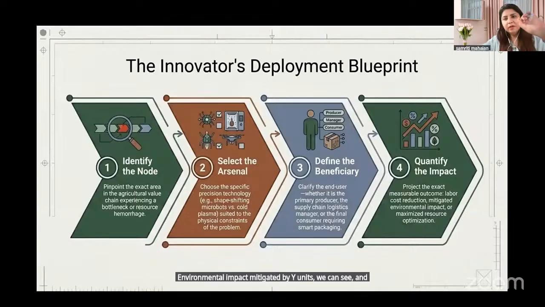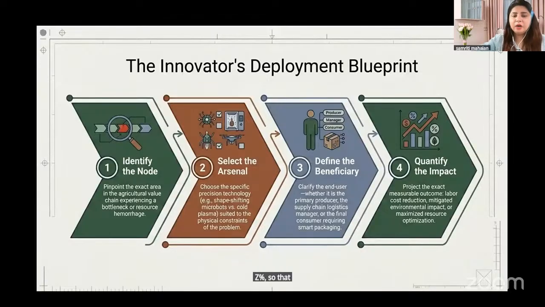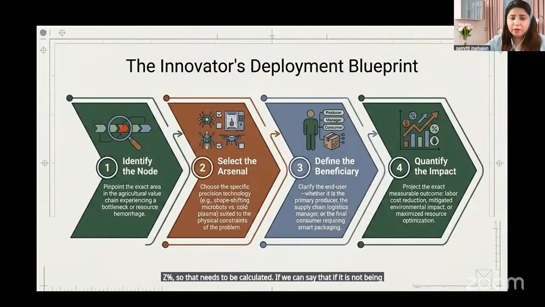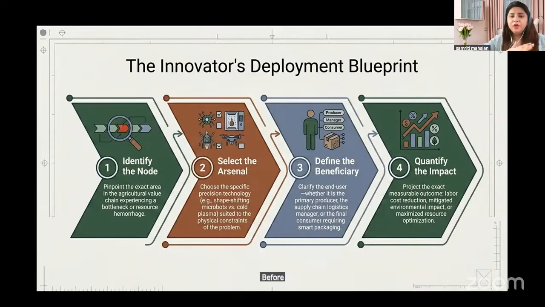And what would be the resource optimization, whether it is improved by Z%. So that needs to be calculated. If you cannot quantify it before you start, you cannot claim the credit when it works, and you cannot quote the correct cause when it doesn't.